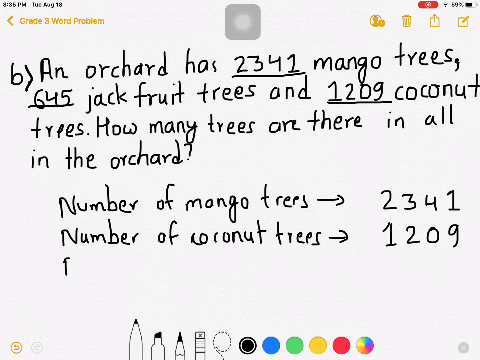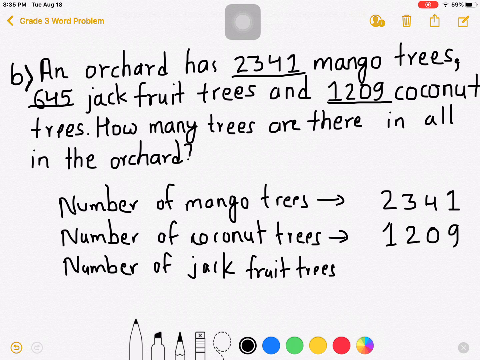Now number of jackfruit trees. Okay, sorry, fruit trees. It is 645 only, isn't it?